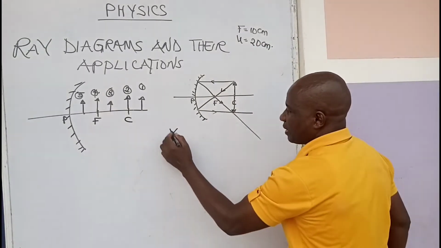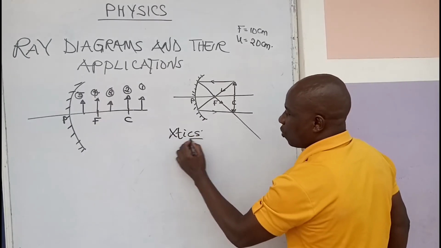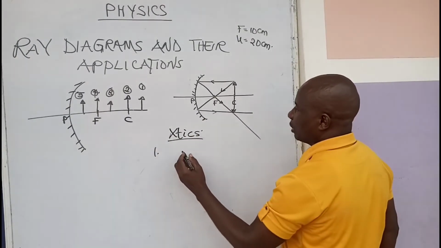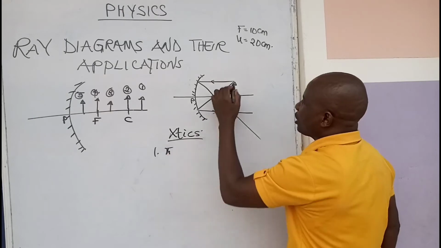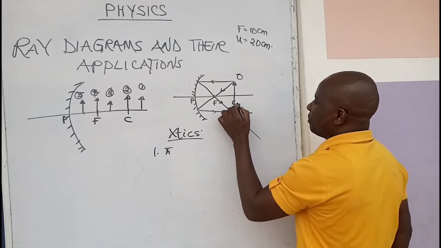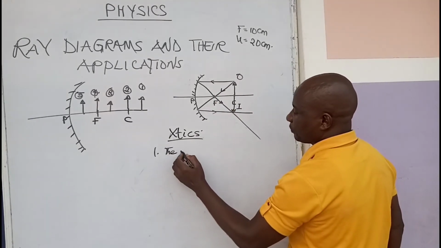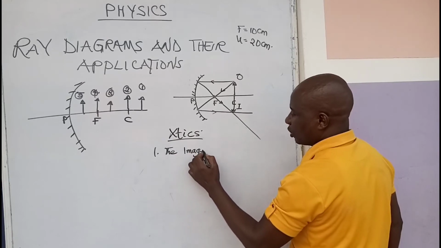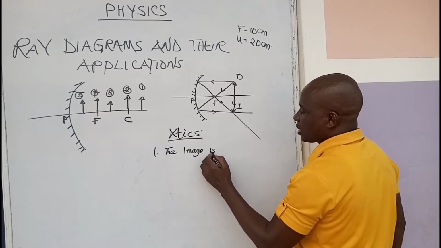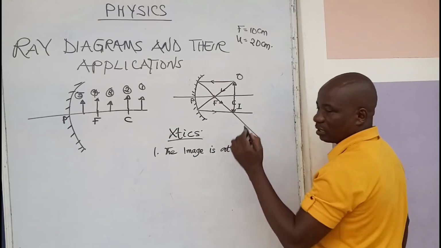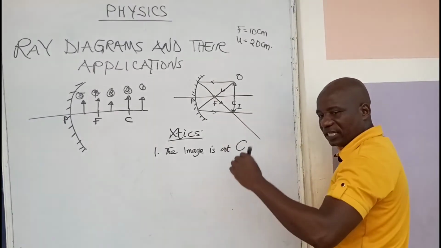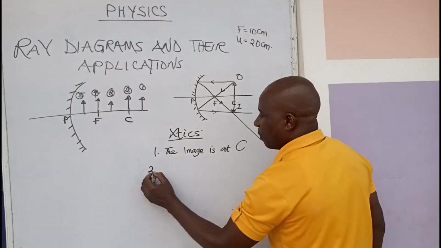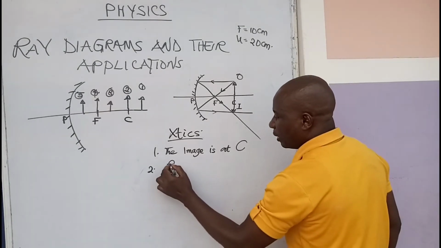So, what are our characteristics? 1, this is the object, and this is our image. The image is at C. If the object is at C, the image too will be at C. Number 2, it is real.